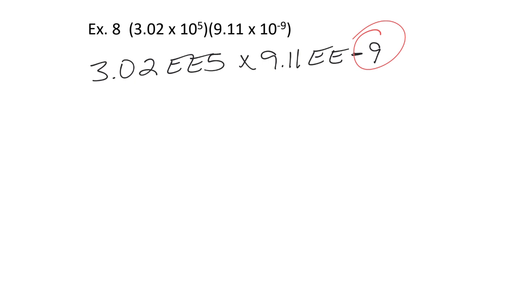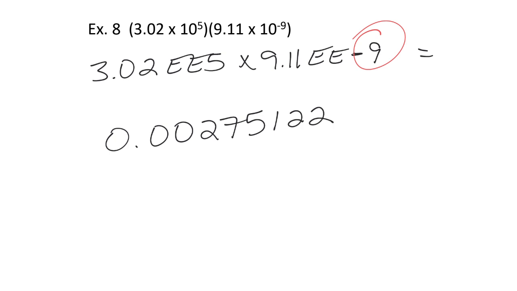And don't use the minus sign. Your calculator should have a negative sign. Okay, so when you do this, your answer is going to be 0.00275122. Now, you're going to have to put this number into scientific notation, but we also have to worry about sig figs.